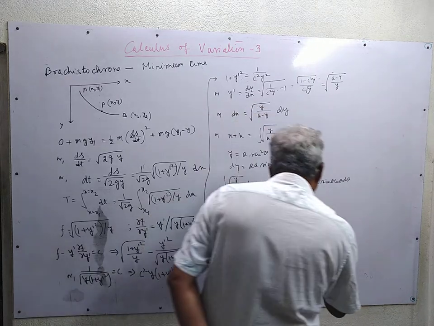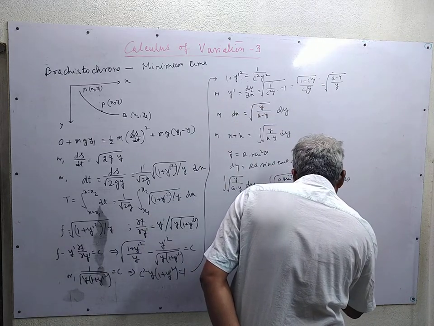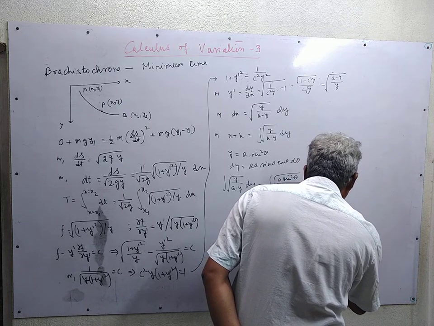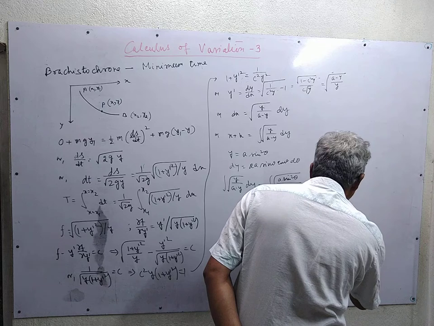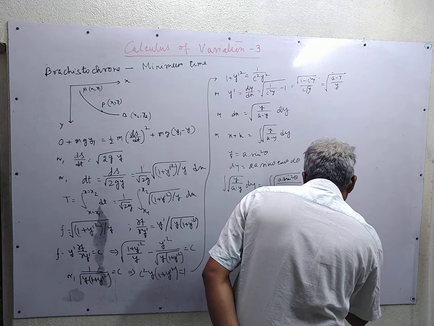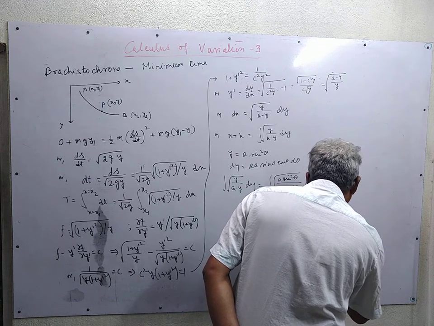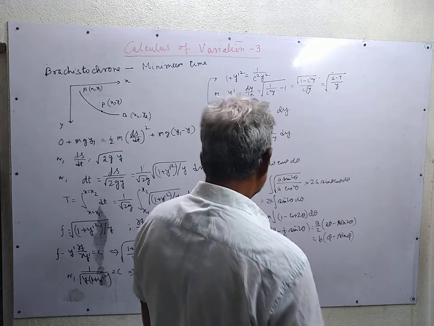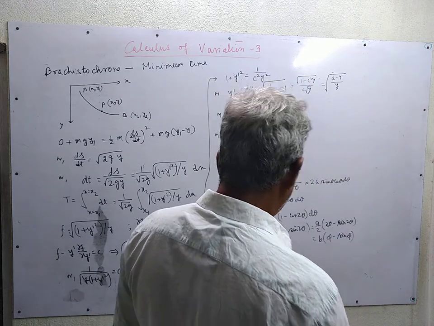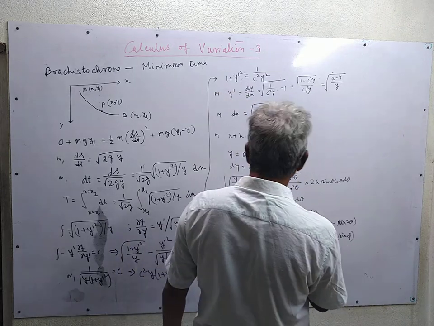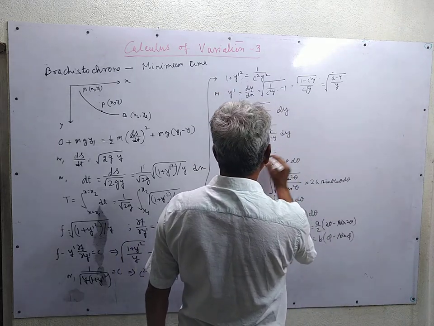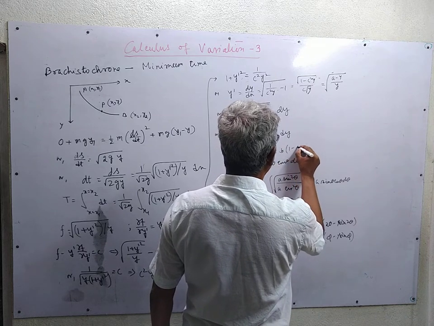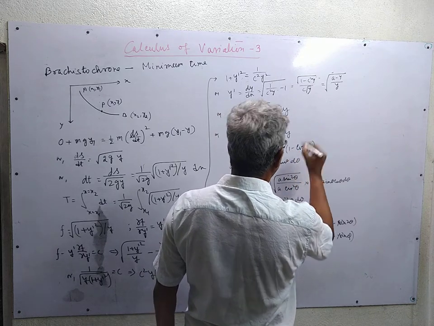If we take 2 out, so this is 2 theta minus sine of 2 theta, which we write as b times phi minus sine phi. And if we write this, this becomes b times 1 minus cos phi.